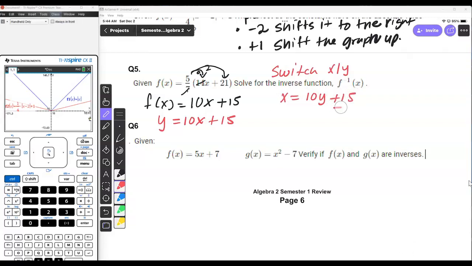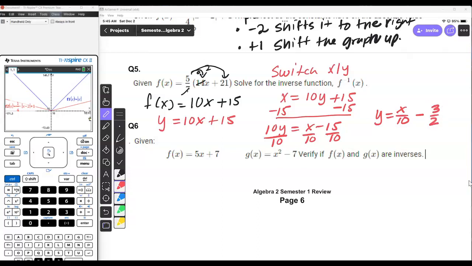Then you have to solve for y, so you subtract 15 from both sides. So you have 10y equals x minus 15. Then divide by 10. So you have y equals x over 10 minus, and you notice that 15 divided by 10 can be simplified. The common factor is 5, so it's 3 over 2.